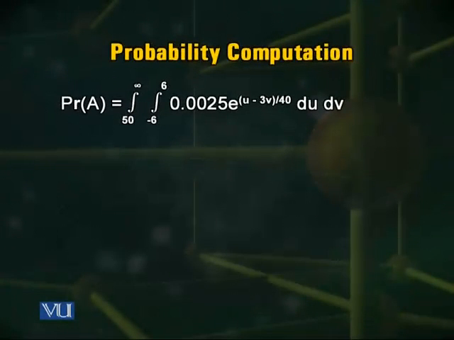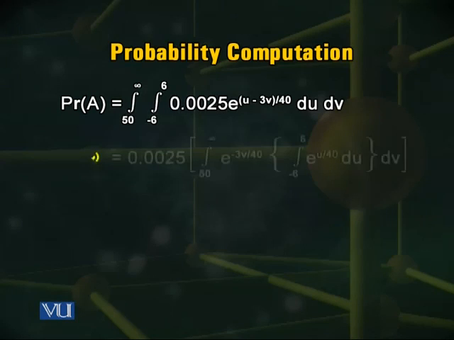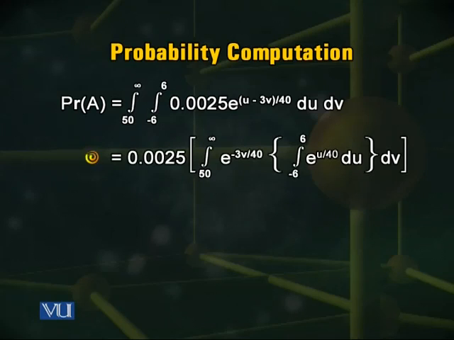On your next slide, you can see how that double integral is formed. In that double integral, the limits are very simple because the outer integral is with respect to V and its limits are from 50 to infinity. Similarly, the inner integral is with respect to U and its limits are from -6 to 6.